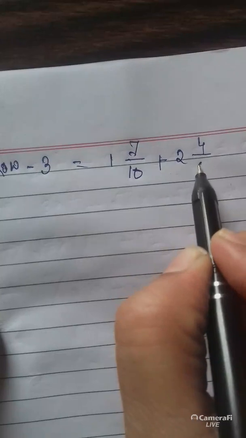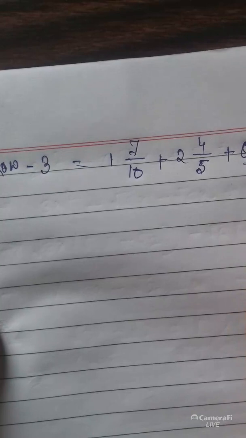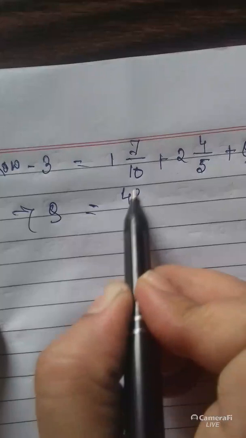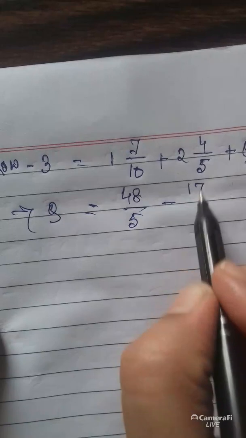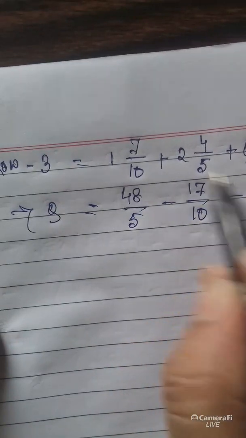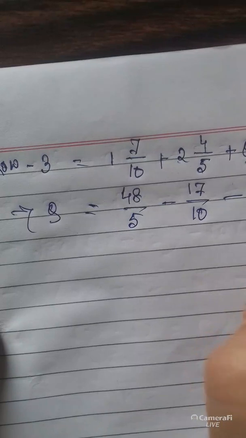Now row 3. In row 3 we have to find Q. The sum of row 3 is 1 whole 7 by 10 plus 2 whole 4 by 5 plus Q, which equals 48 by 5. Now Q equals 48 by 5 minus 17 by 10 minus 14 by 5.